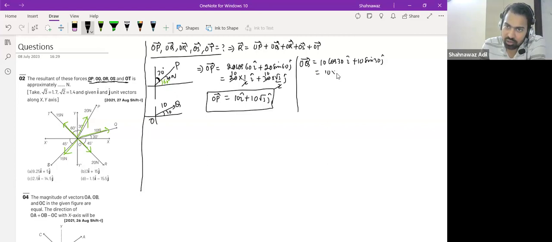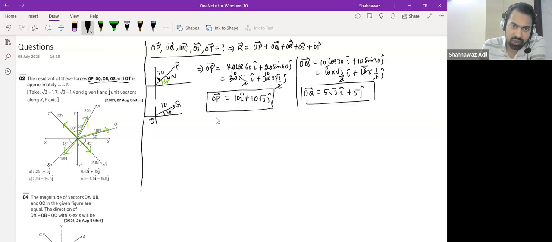So 10 root 3 by 2 i hat plus 10 times 1 by 2 j hat. So 5 root 3 i hat plus 5 j hat. This is okay.